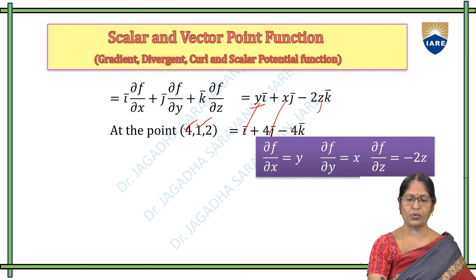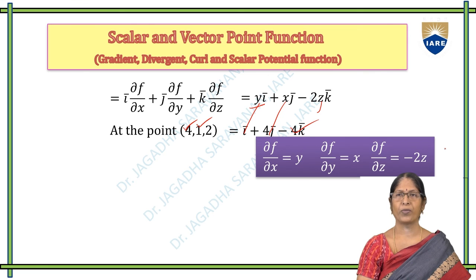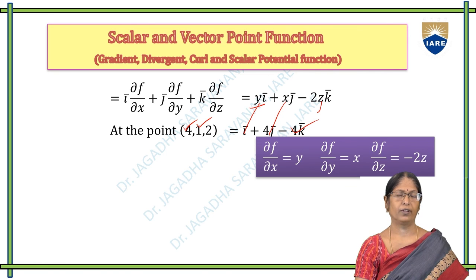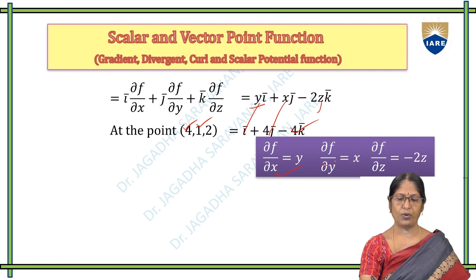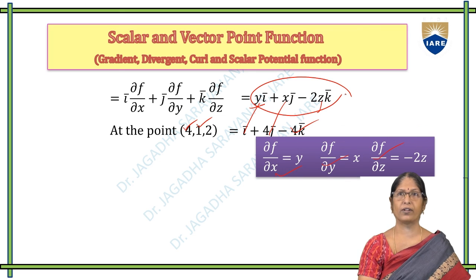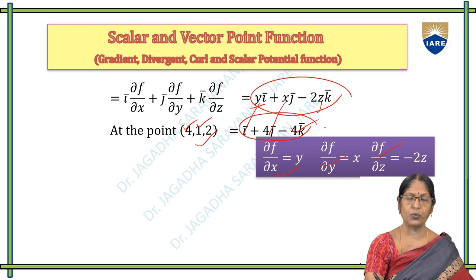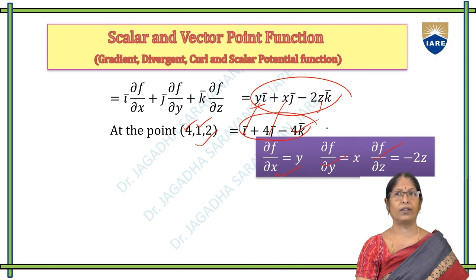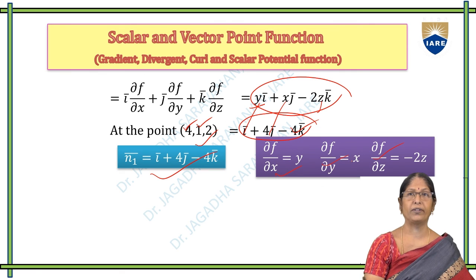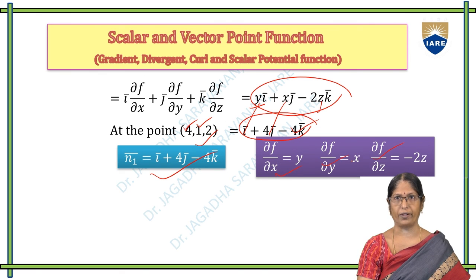Here already minus 2 is there, so minus 4k. We did the partial derivatives, substituted the point, and obtained the final result, i plus 4j minus 4k. We name it the n1 vector, the normal vector.